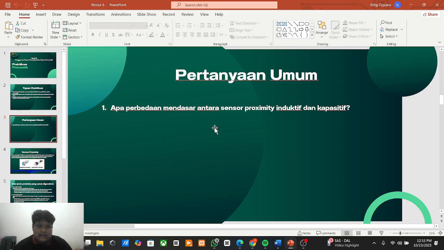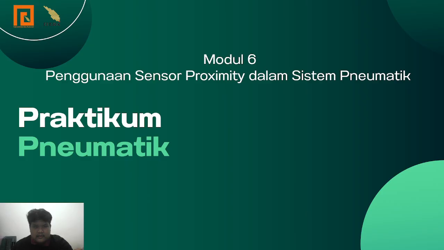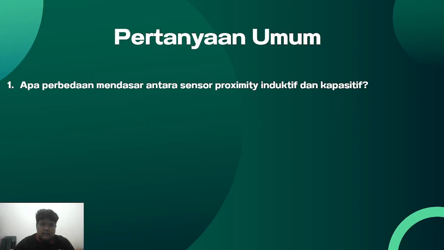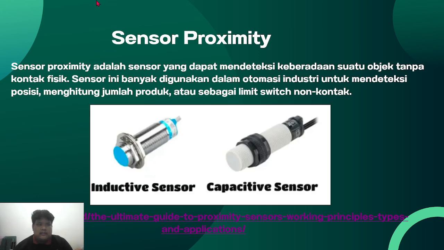Okay, we go to the next slide. Proximity sensor. A proximity sensor is a sensor that can detect the presence of an object without physical contact.